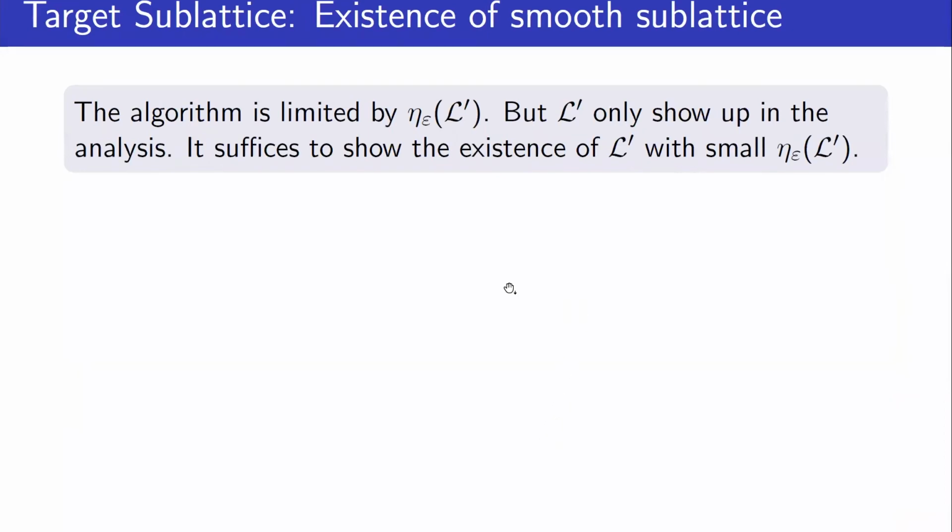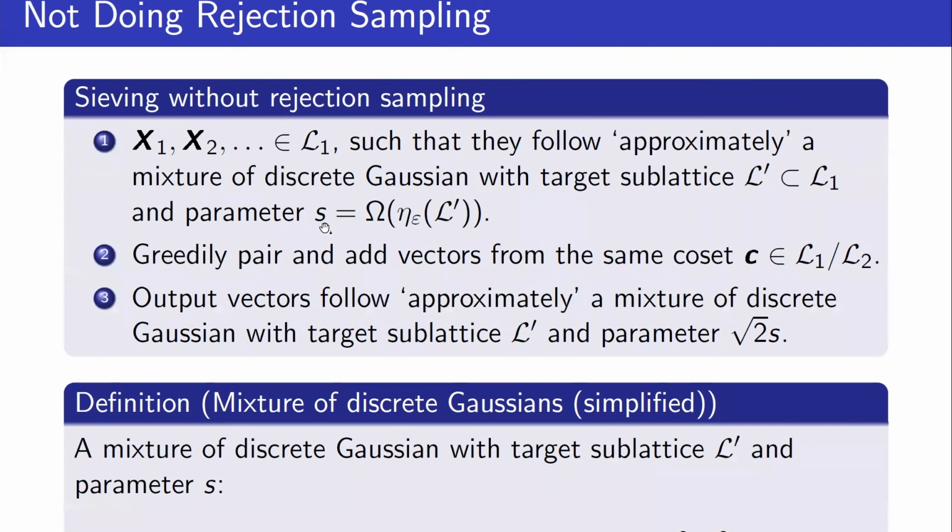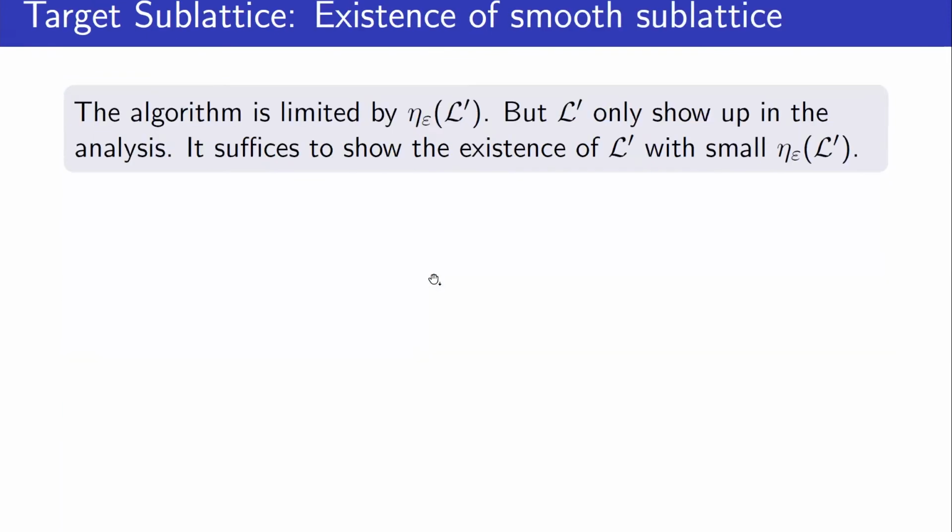So the next step, the sieving step in the previous slide, is still limited by the smoothing parameter of the sublattice L prime. So again, we still need the guarantee that the parameter S has to be above the smoothing parameter.